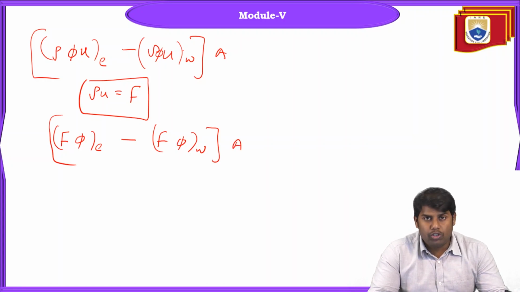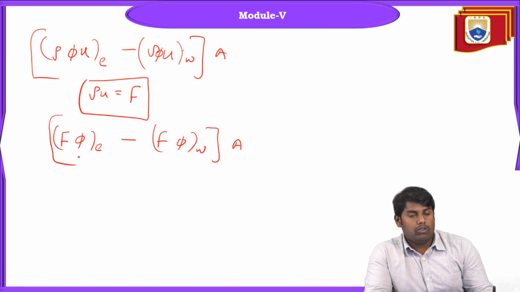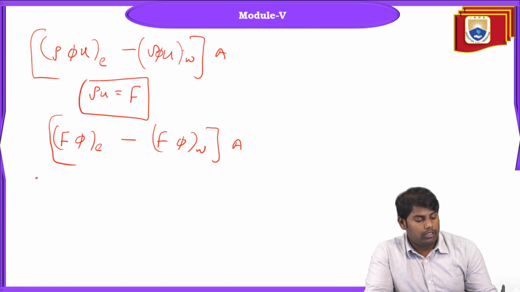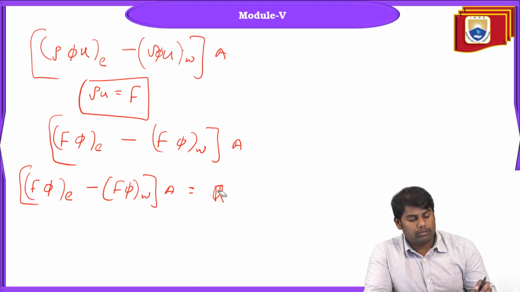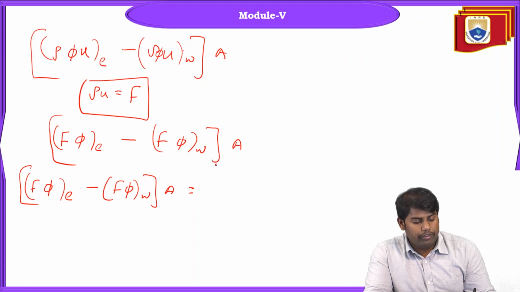So let's actually join the combination of convection and diffusion. Let's see. So what is happening? Let's write the full form equation. So F of phi e minus F of phi w into A, which is equal to the diffusion term.